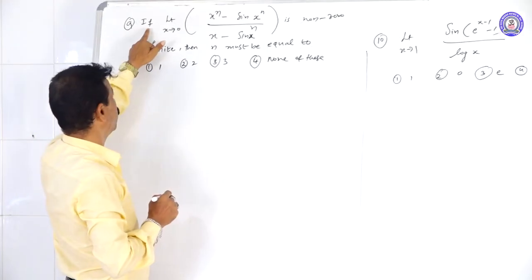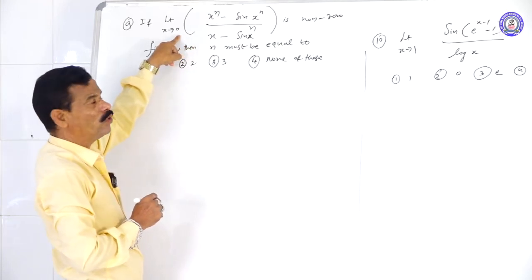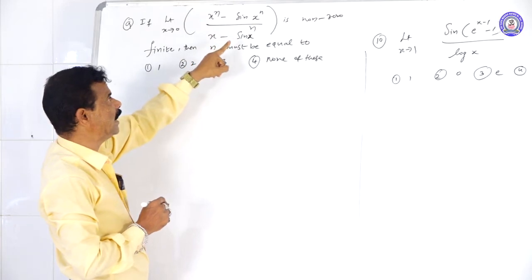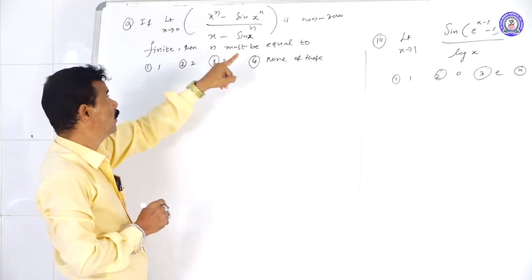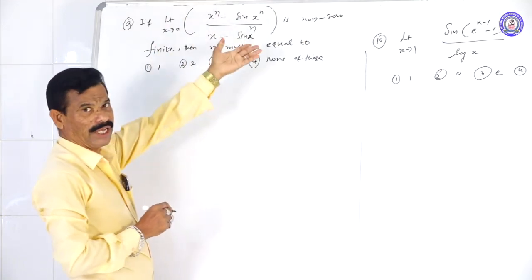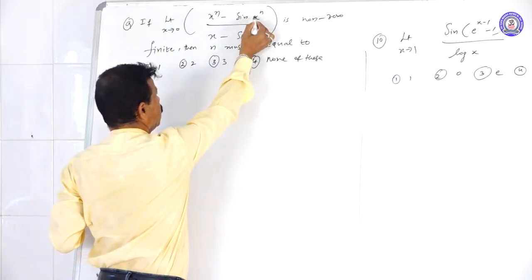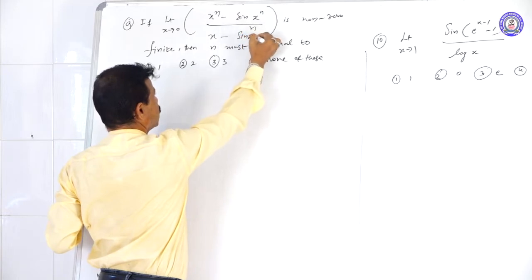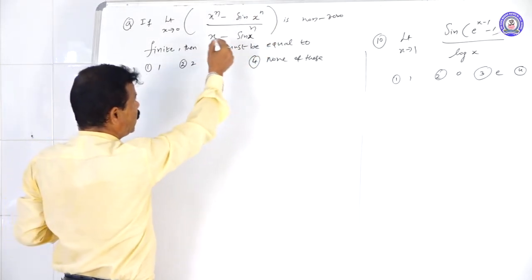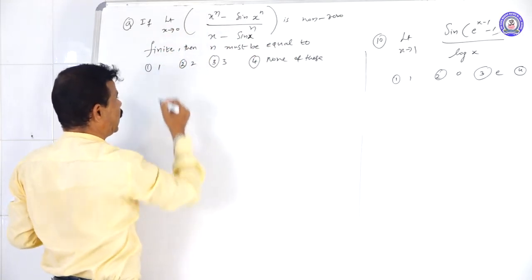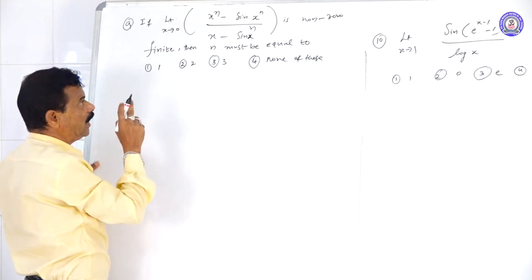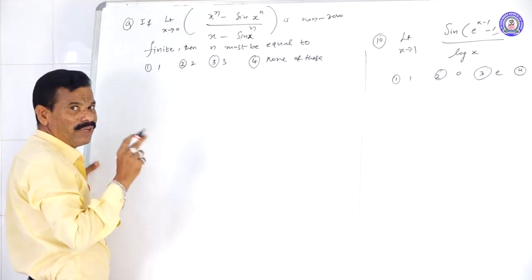Second option. Here, ninth problem: if limit x tends to 0 of (x to the power n minus sin x to the power n) divided by (x minus sin x) is non-zero and finite, then n must be equal to what? The n value, how much?